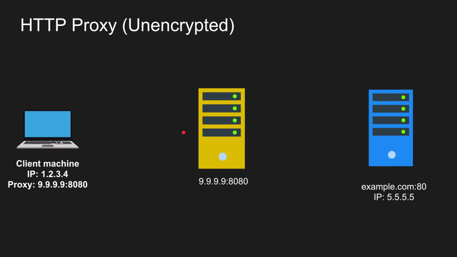So with the proxy, again unencrypted, as a client you would set your IP address, let's say 1.2.3.4, and you would set a configuration that specifies the HTTP proxy as the IP address of the proxy and the port the proxy is running on. Once you do that, requests that go over the HTTP protocol will automatically be delivered to the proxy first.